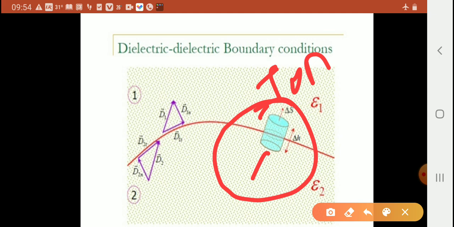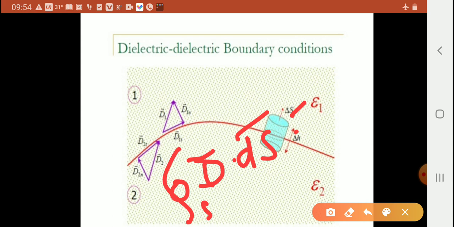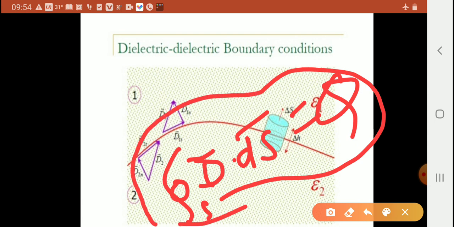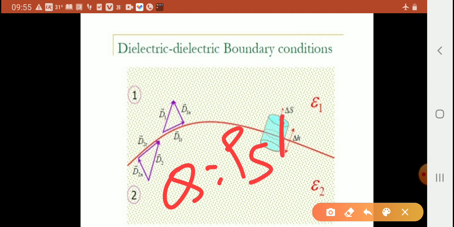That means the closed surface integral of D vector dot dS equals Q. Here the charge Q can be expressed as Q equals rho s times del s, where rho s is the surface charge density and del s is the surface area.